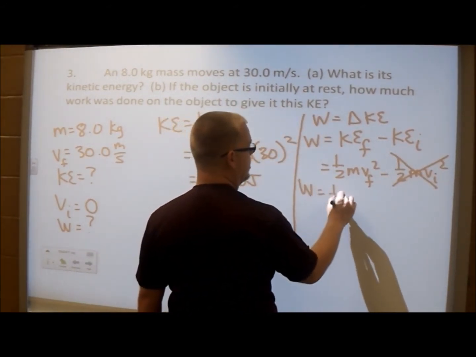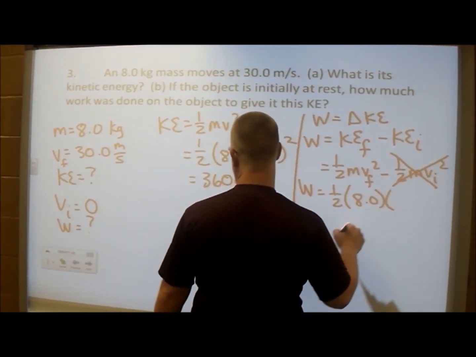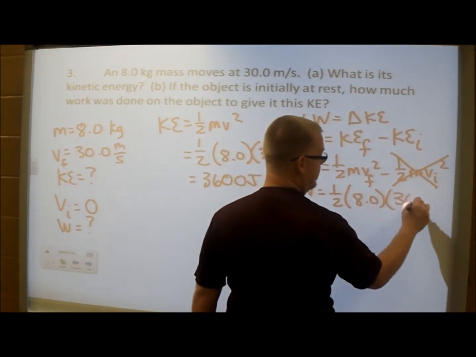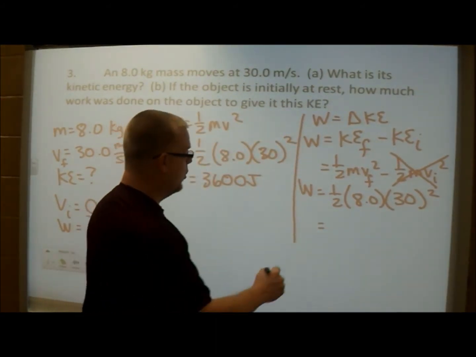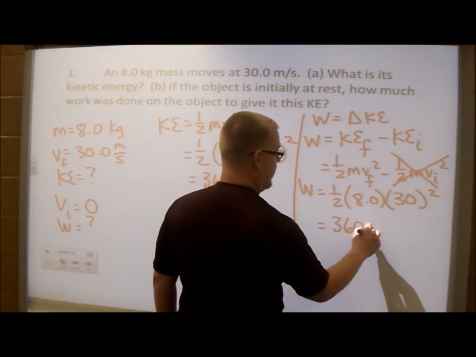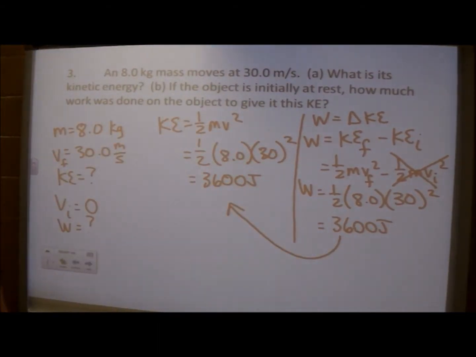So my work is just going to be 1/2 times the mass, which is 8, times the final velocity, 30 meters per second. And when we do that problem, we're also going to get 3,600 joules. That's the same amount of kinetic energy.